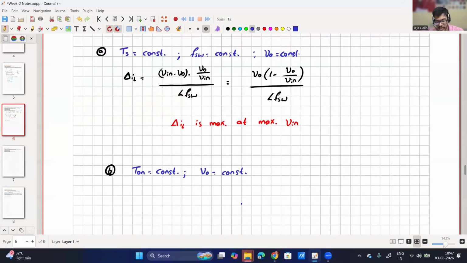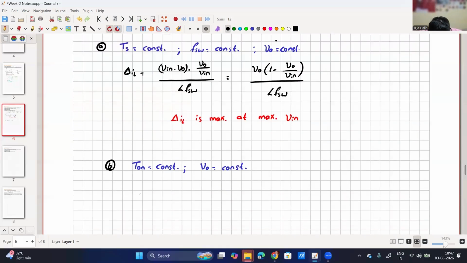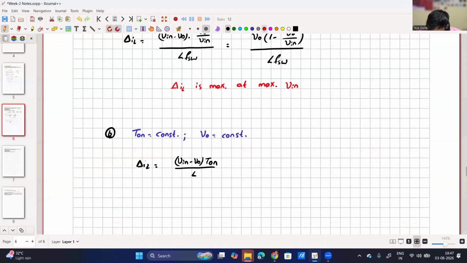Now if I rewrite the expression, I'll get delta IL equals V in minus V0 into T on by L. So can you tell at what input voltage it will be maximum? Delta IL is maximum at maximum or minimum input voltage?